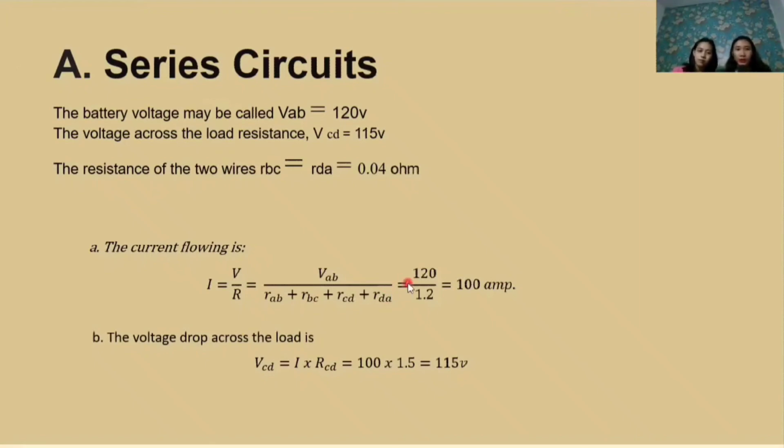VAB means the battery voltage. We have 120 over 1.2. If you calculate it, you're going to have 100 amperes. Then the voltage drop across the load is VCD equals current times resistance RCD, equals 100 times 1.15, equals 115 volts across the load resistance.